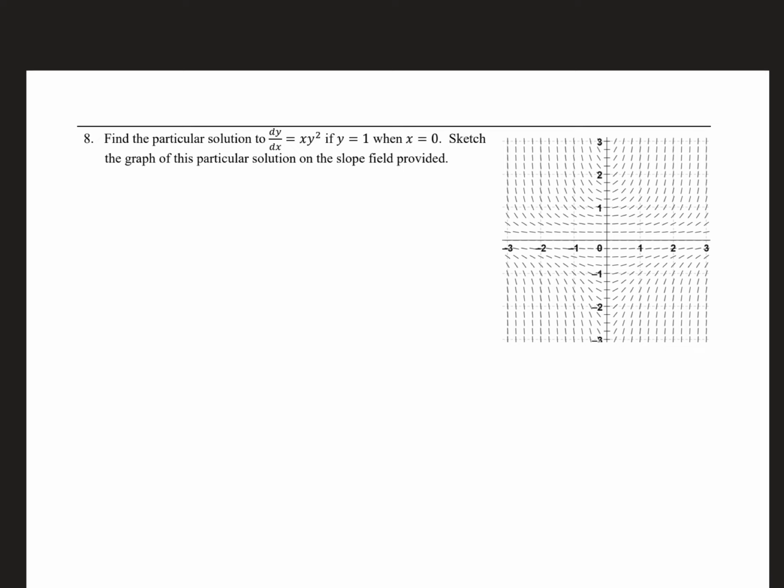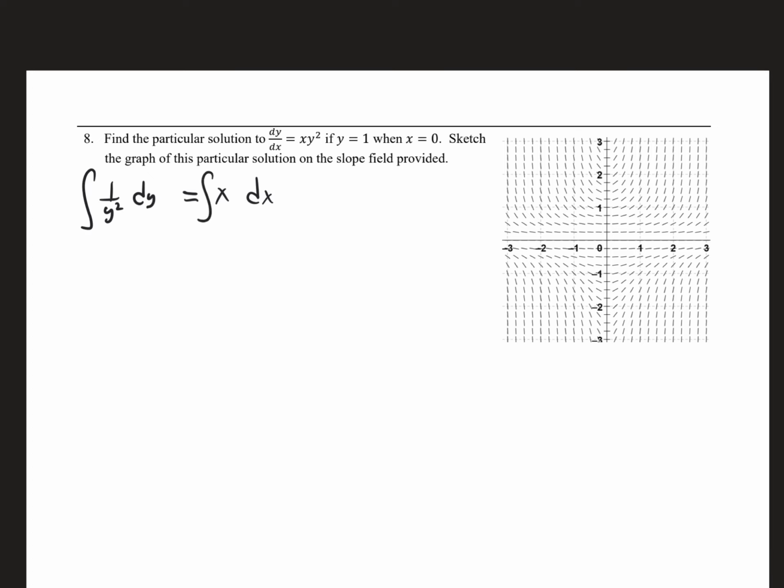So what we want to do is a separable differential equation here. So I've got my dy, and then my y squared comes over to the other side, and that equals x dx. All I've done is separate all my y's and dy's to one side, and my x's and dx's to another side.